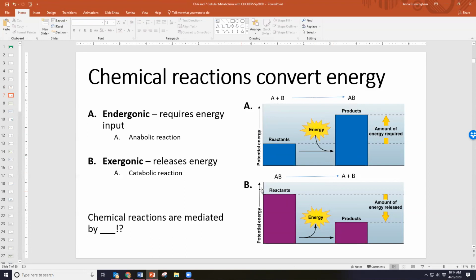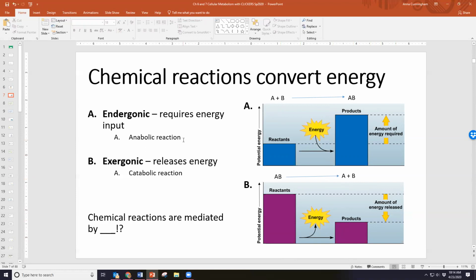We take a molecule with high potential energy, meaning it has bonds, and we break those bonds, which releases energy. If we're releasing energy from this molecule, we split it apart, we broke that bond, that means those individual products have less energy than what was put into that reaction, the reactants. We release that energy. So you can see the amount of energy released is the difference between the reactants and the products.